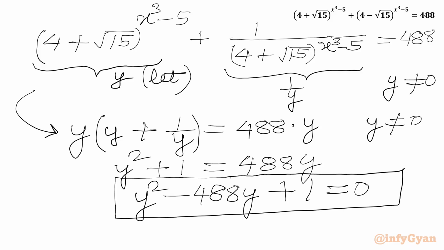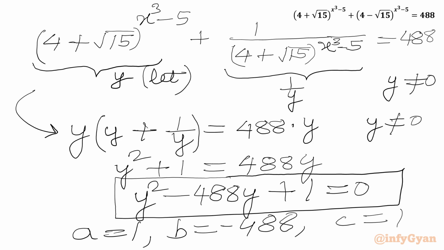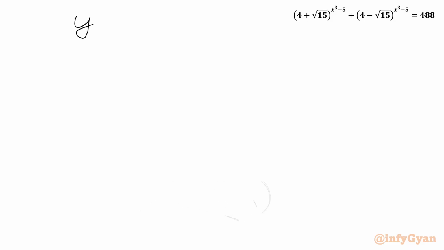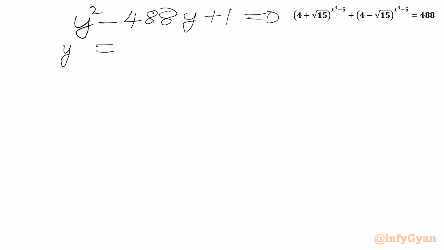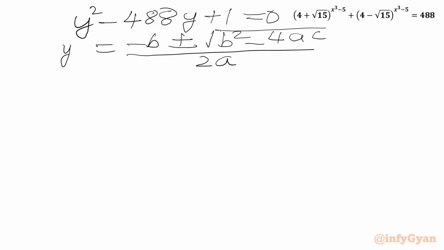I will compare our equation with ax² + bx + c, or ay² + by + c, and we can write a equal to 1, b equal to −488 and c equal to 1. Let me write the equation once: y² − 488y + 1 equal to 0. So our quadratic formula will be (−b ± √(b² − 4ac)) over 2a.